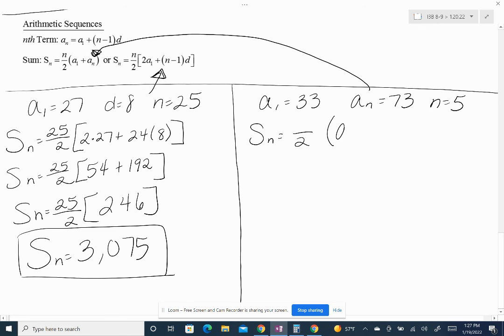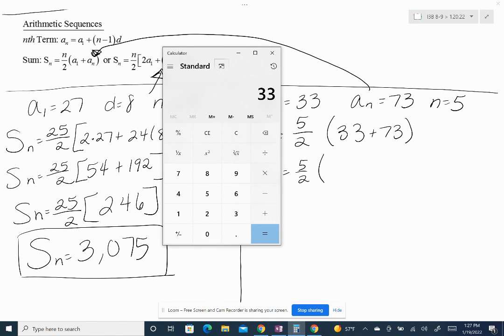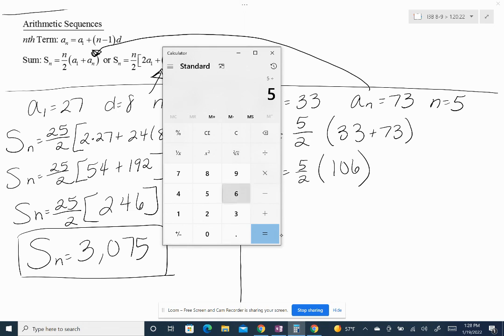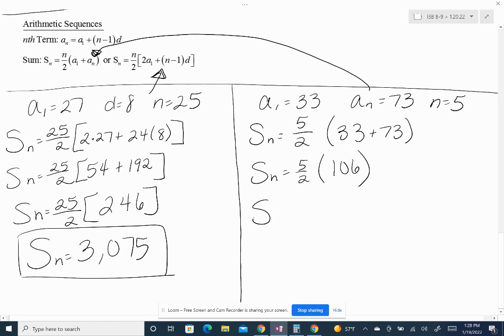Our n is 5, our a1 is 33, our an is 73. 5 over 2, solve in the parentheses. 33 plus 73 gives me 106. 5 divided by 2 is 2.5 times that 106 gives me 265. And that's going to be your final answer.